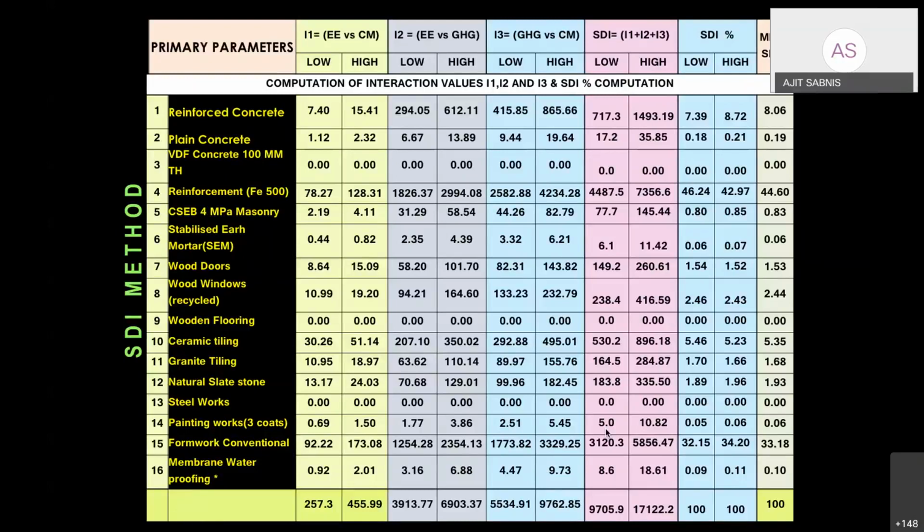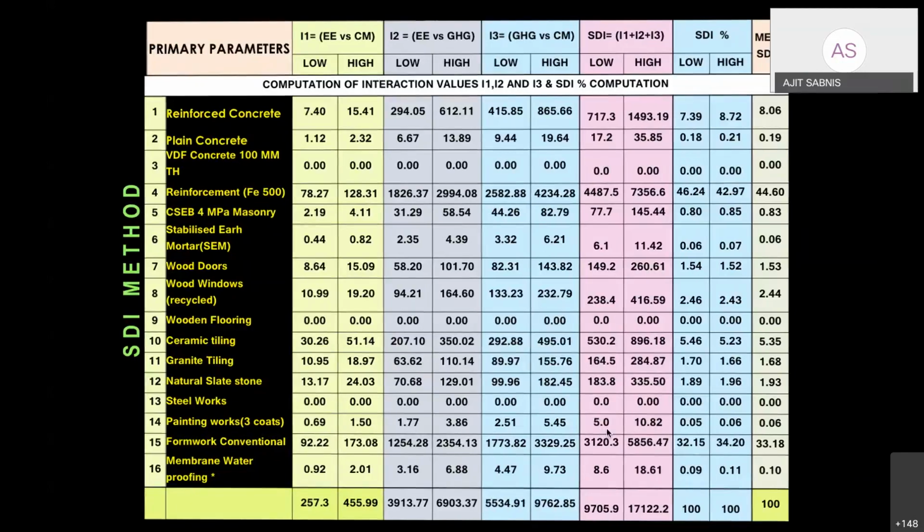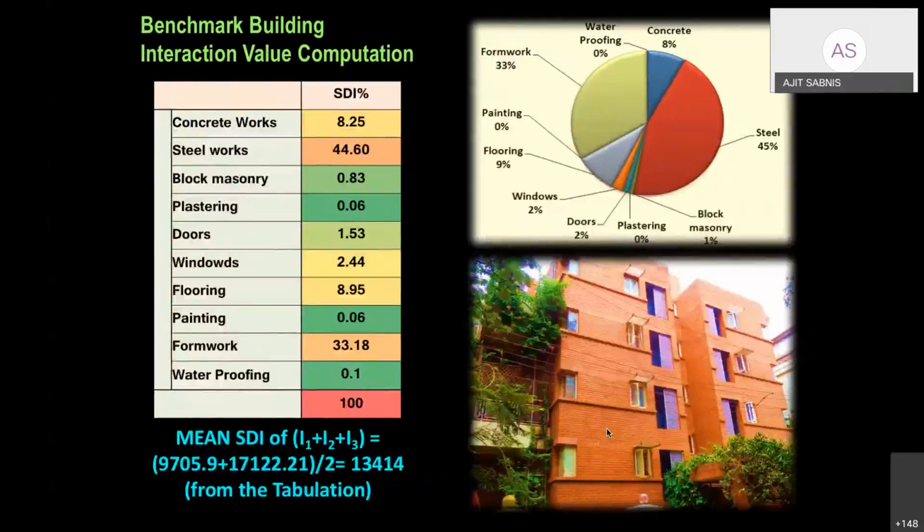If we consider this and put it back in the same abstract format, we have, from the interaction point of view for the benchmark building, the symbolic distribution of the subsystems, and you can also see the mean interaction value becomes 13,414 from the tabulation we saw.